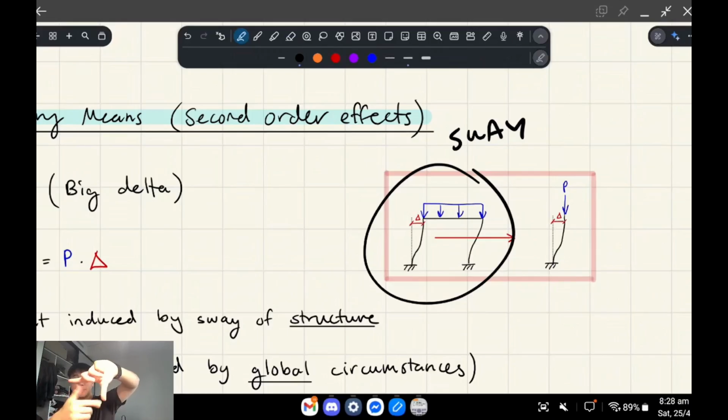A braced frame, so if you imagine strings or whatever tying my hands together, would be able to resist the sideways load through the bracing system going into tension, so it's braced, it's not going to sway around and stuff like that, right?